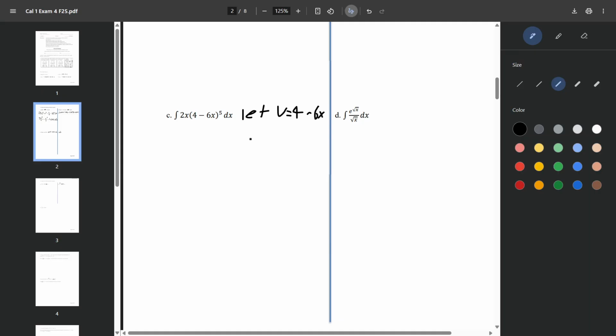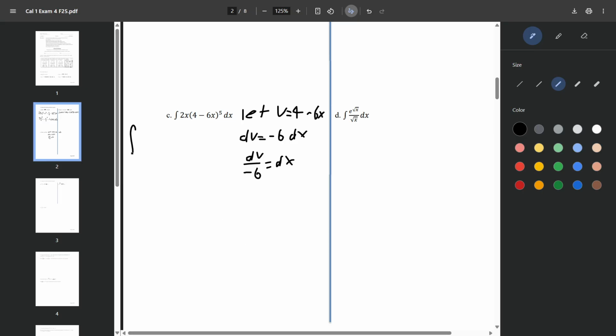Then we take the derivative of u, which is du equals negative 6 dx. So we isolate dx, and we'll have du over negative 6 equals dx. And that is the first part of our equation.